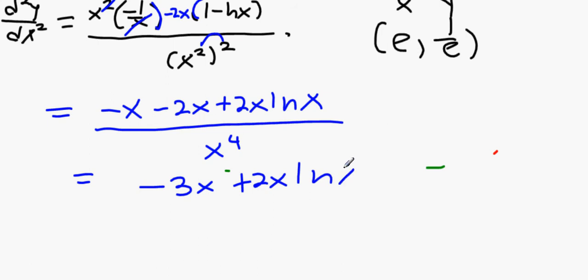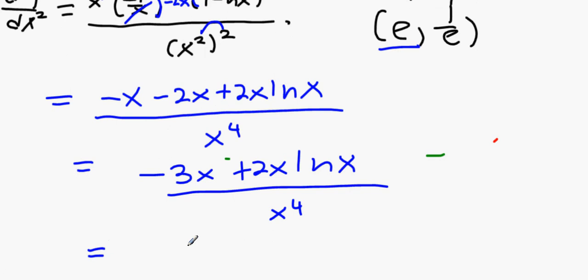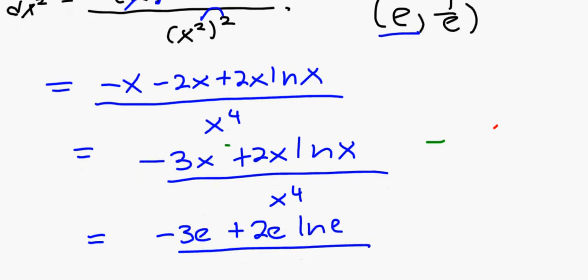Okay, now we have to figure out if it's a maximum or a minimum. So what we need to do is substitute in the x value here and see if the second derivative is bigger or smaller than 0. So it's going to be minus 3e plus 2e ln e, all over e to the power 4.